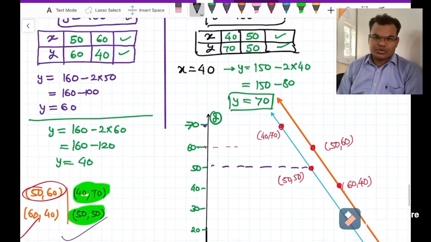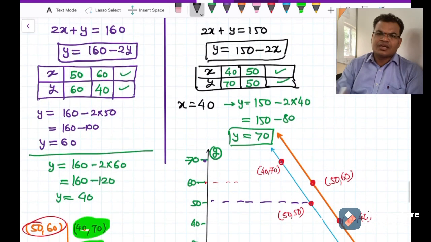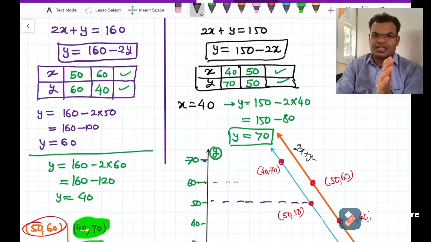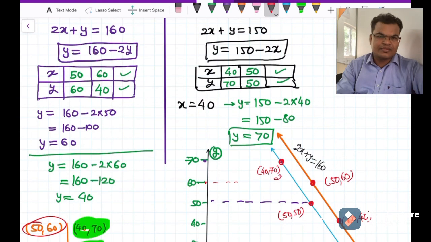I also want to write the equations, guys. When you're making the lines, write the equation for which line it is. So 2x plus y equals 160 is the first line, and the second line is 2x plus y equals 150.